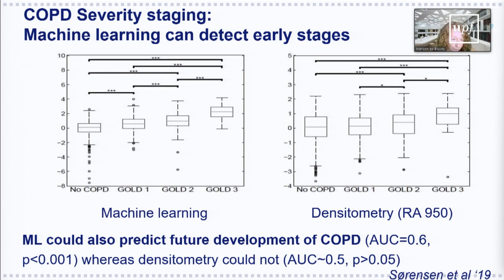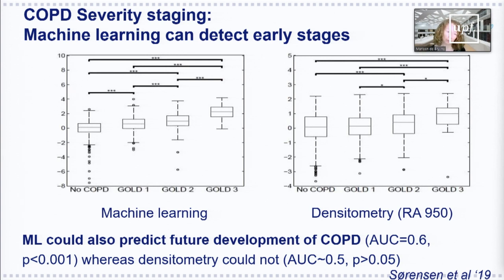You see here from the bars, from left to right, no COPD, mild, moderate, and severe COPD. And you see that the machine learning method finds a nice trend here, whereas the densitometry can only recognize basically the most severe COPD. It can't do mild COPD prediction.